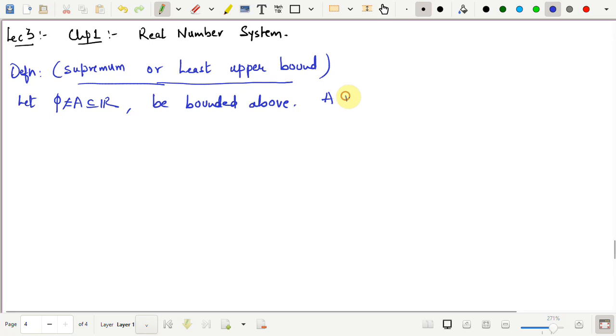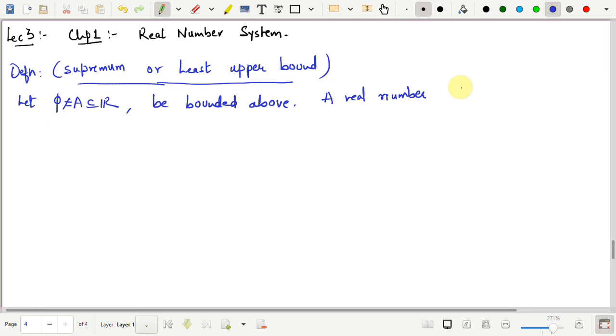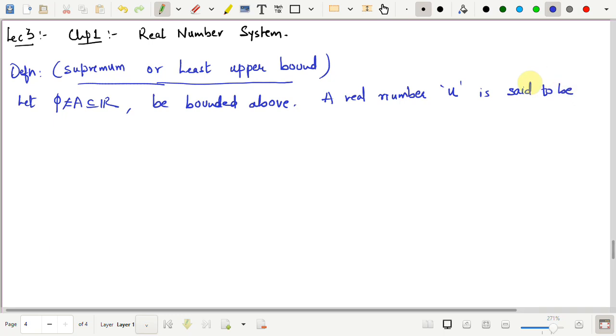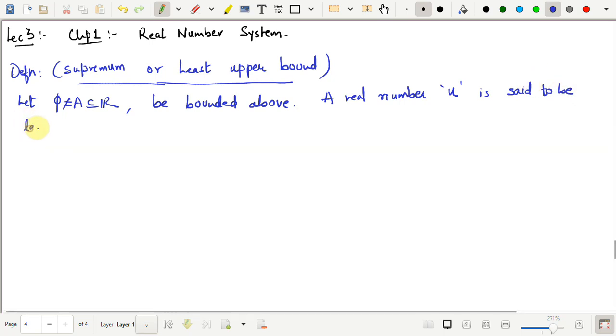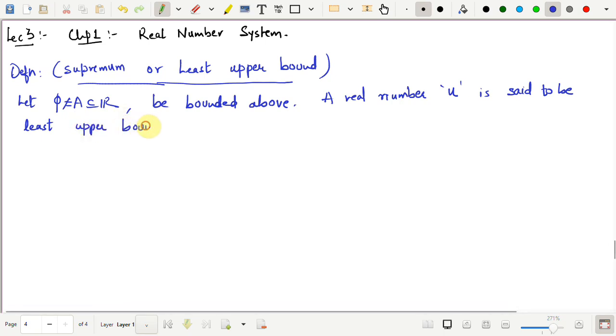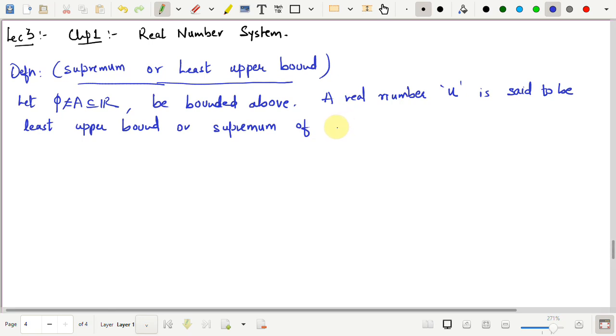A real number u, an element in R, is said to be the least upper bound or supremum of A if it satisfies two conditions.